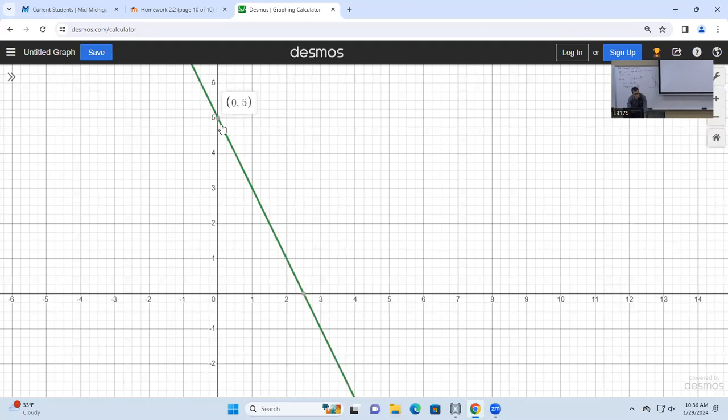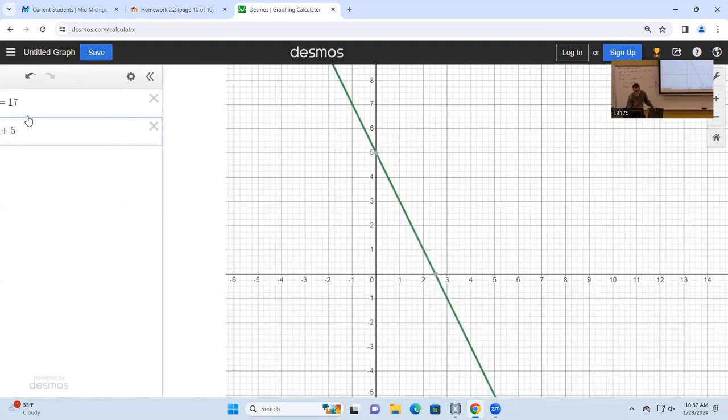Now, this one just happened to be the same one that we did earlier, but if we have the graph of this line, we can look and say, well, it goes through (0, 5), so I know that 5 is the b in y equals mx plus b, or f of x equals mx plus b. And then another point, well, how did we get to it? We went down 2 and over 1, so the slope has to be -2. Okay. And you can do that for any line.